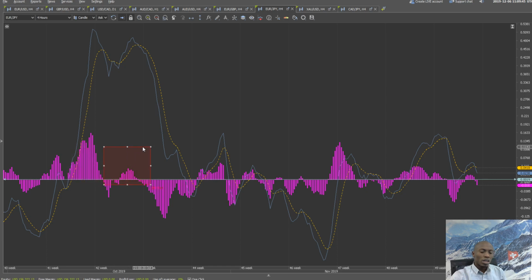From this zone, it's still kind of moving bullish, but you already see that there's no momentum. You don't want to start buying when the momentum is very low in the market. That is why you use the MACD histogram to determine if there's already divergence or convergence in the market.